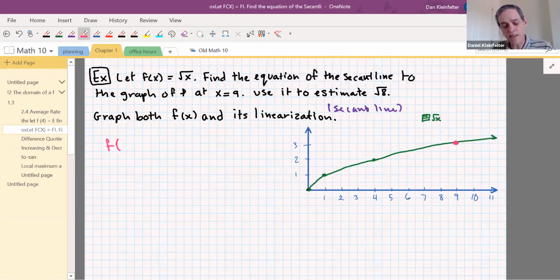The thing is that we need 2 points, right? So we want to estimate this secant line at 9. So we should use 2 points that we know. So let's try 4 and 9. I chose 4 because it was one other value that I knew the square root of. So there's 9 minus 4.